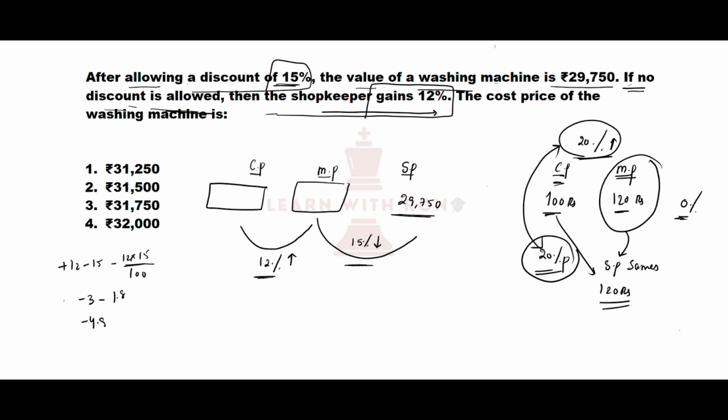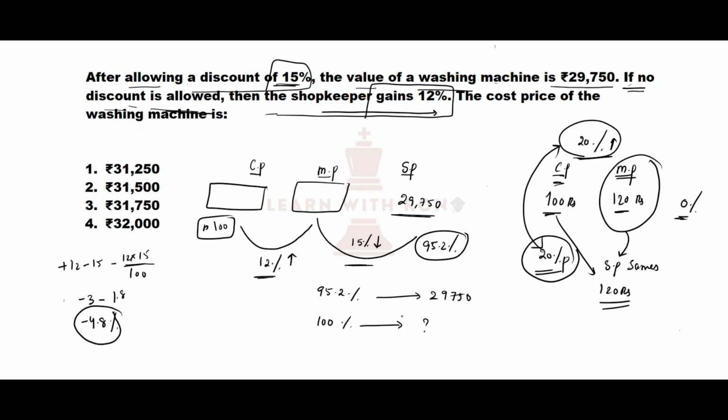So minus 4.8% is the effective change here, which means if 100 rupees is the cost price, the selling price should be 95.2. So they have given 95.2% as 29750. So we need to find 100% how much?